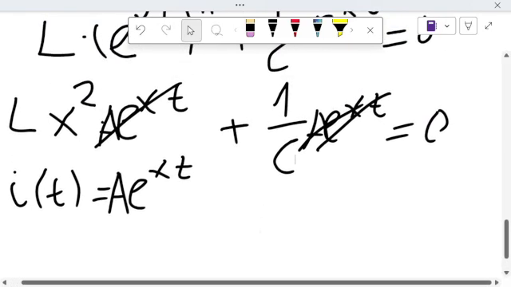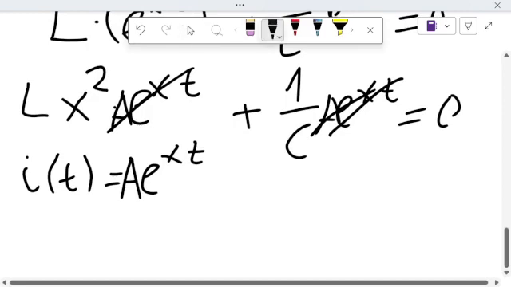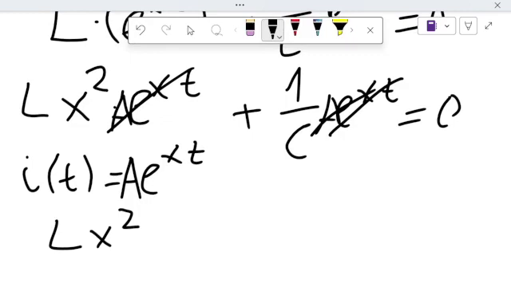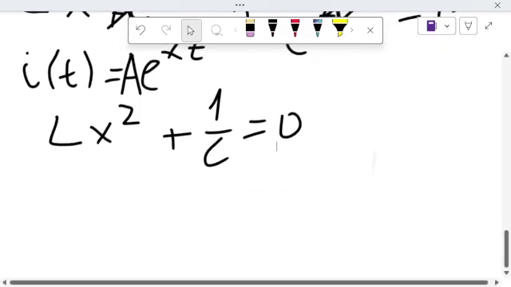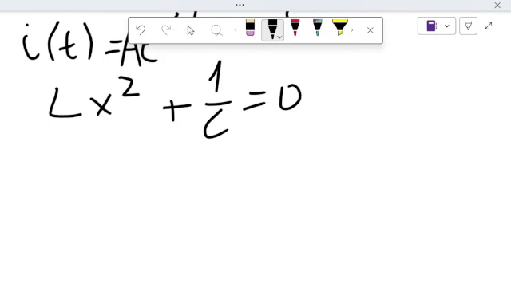And now we have just plus, equal 0. So we can move that part.